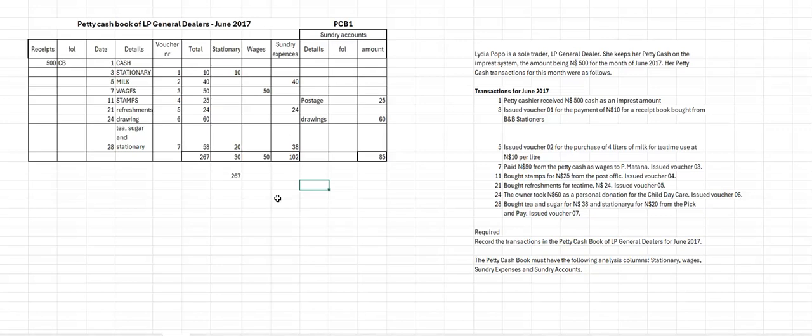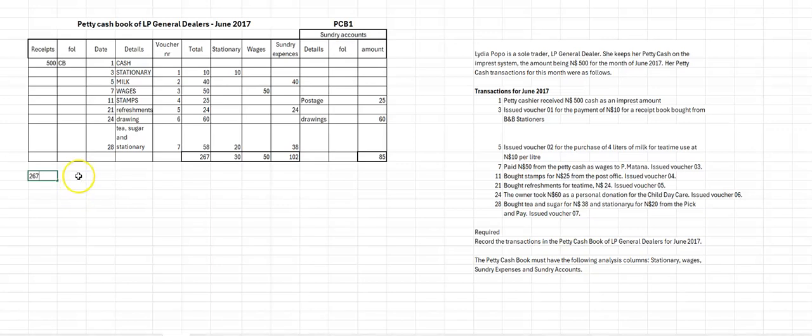So how much do we need to create a balance of 500 again? We've used 267, so we leave a line open and then we say the imprest amount here is 267, because that's how much we've used in the cash book.